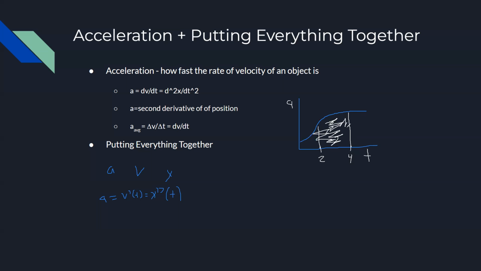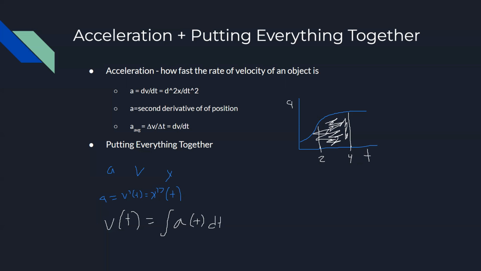Sorry for my bad writing. What you're trying to find again is the area under the curve, and this is basically integration. So v of t, velocity, is basically the integral of acceleration, as velocity is the speed and acceleration is how fast it's changing.